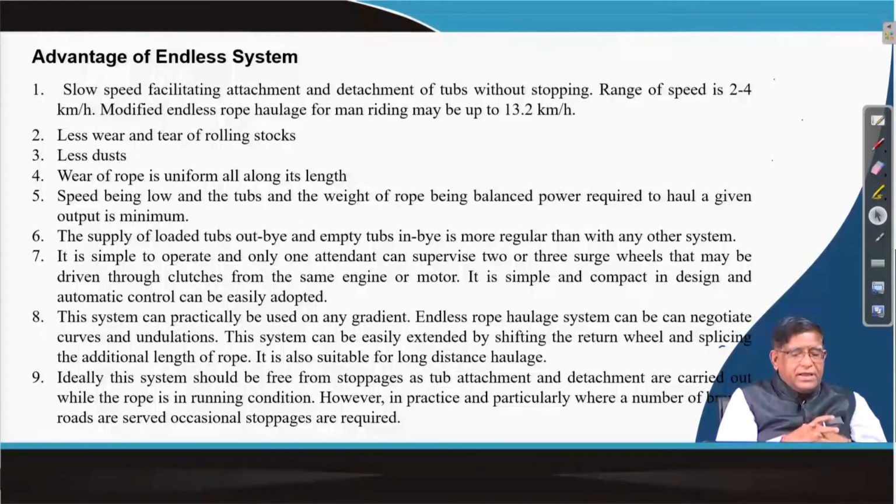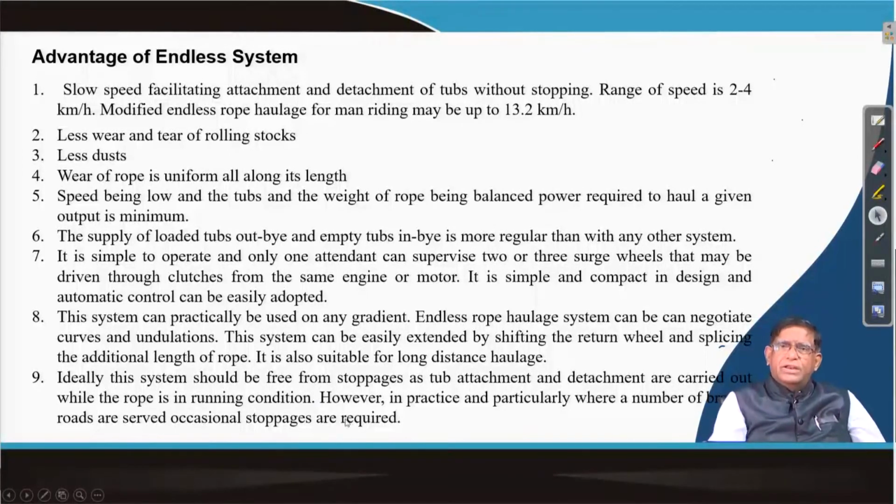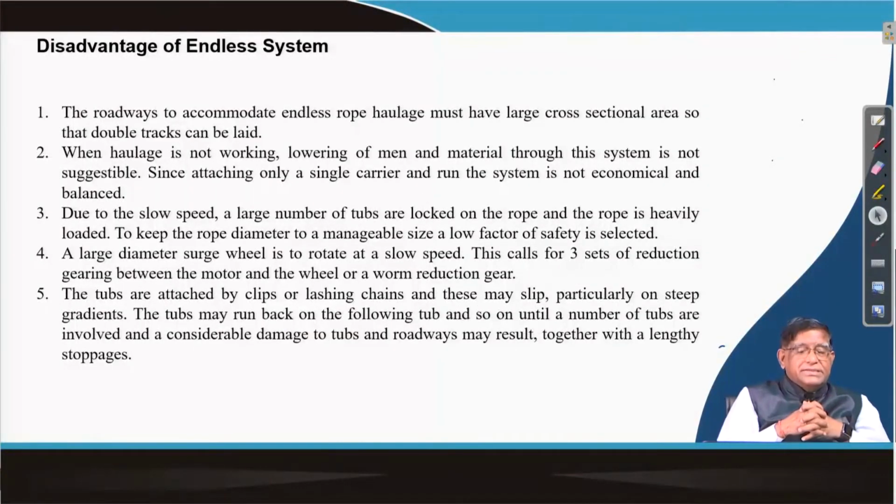The supply of loaded tubs out by and empty tubs in by is more regular than with other systems, because it is continuously running, and you only connect and disconnect at the loading and unloading stations. The operation is smoother. But the disadvantage is that the roadways to accommodate the endless rope haulage must have a large cross sectional area, so that double tracks can be laid.